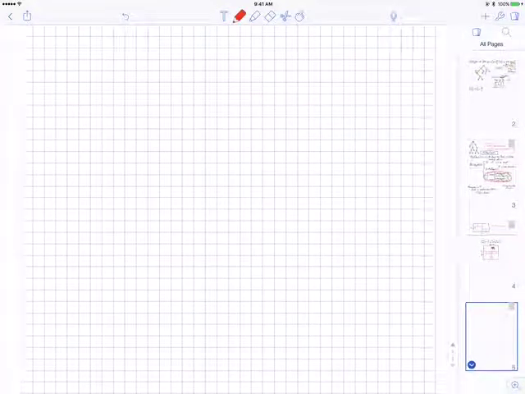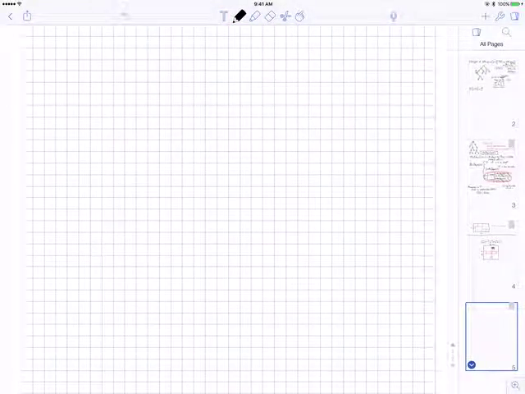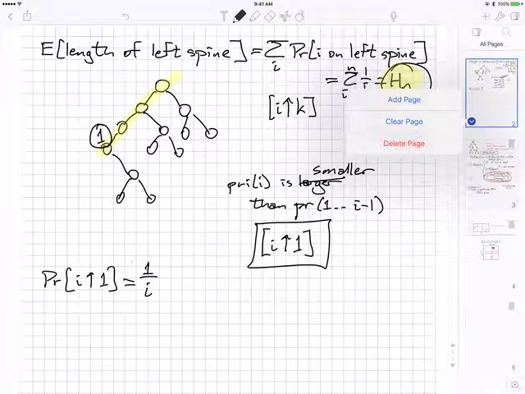So again, struggling to come up with an example. But here's an example.